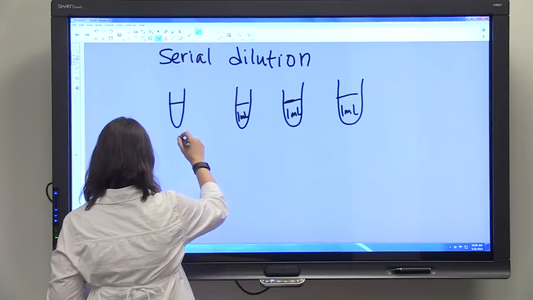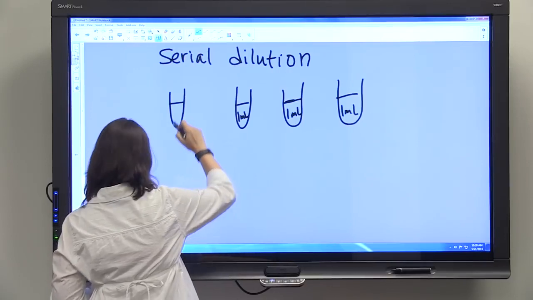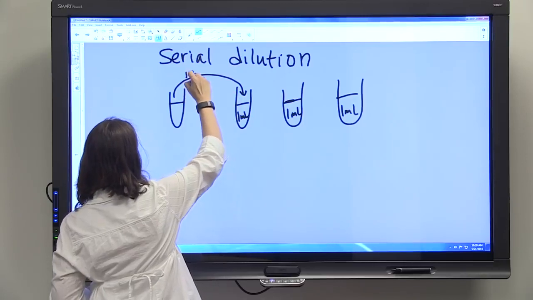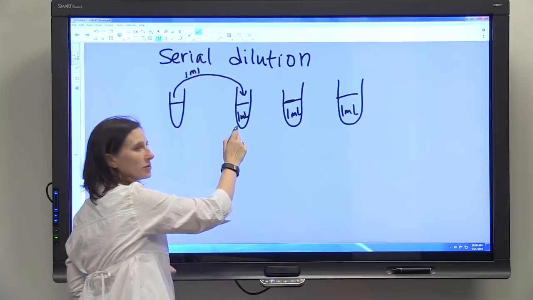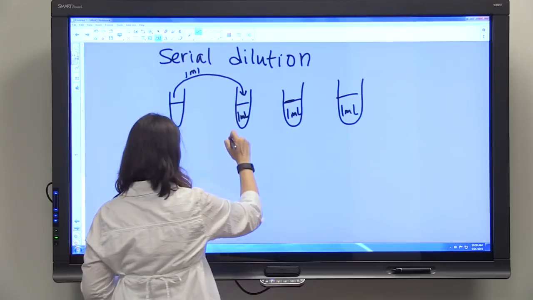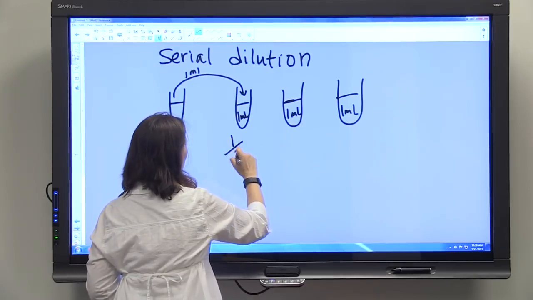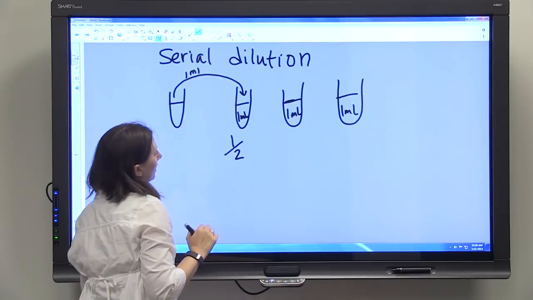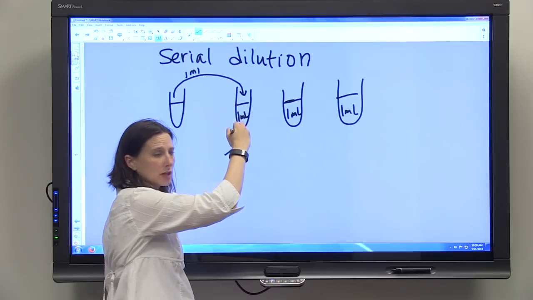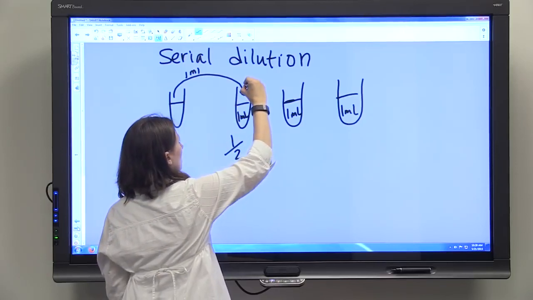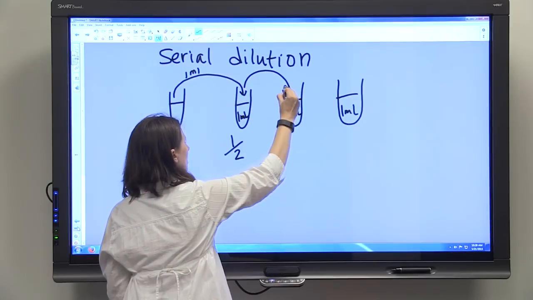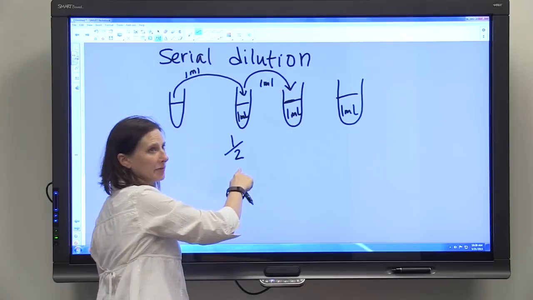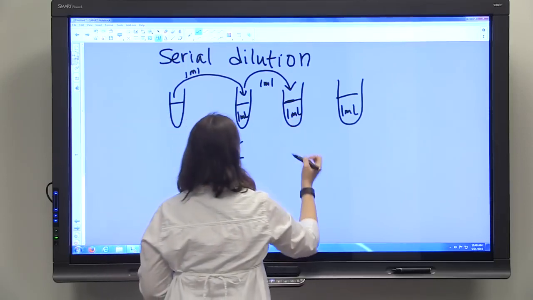So if we start with 1 mL being transferred to this test tube, which already has 1 mL in it, it's going to be 1 mL out of 2 mLs. So then we mix well that 2 mLs, and we take 1 mL of this 1/2 dilution and add it here.